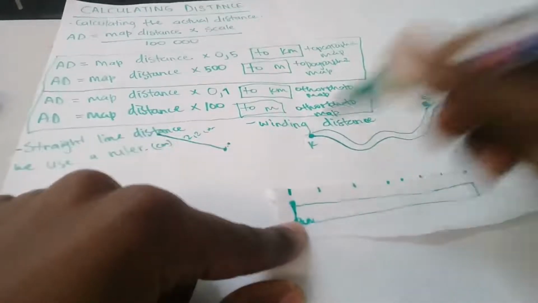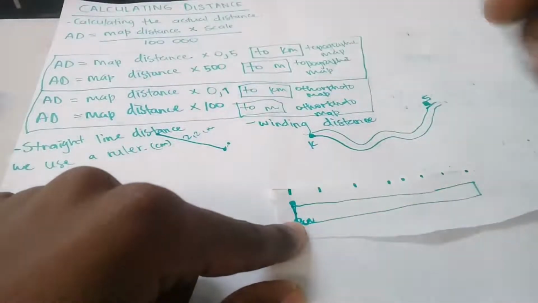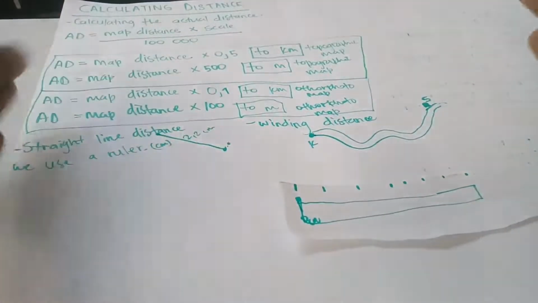You measure this using your ruler and then multiply.